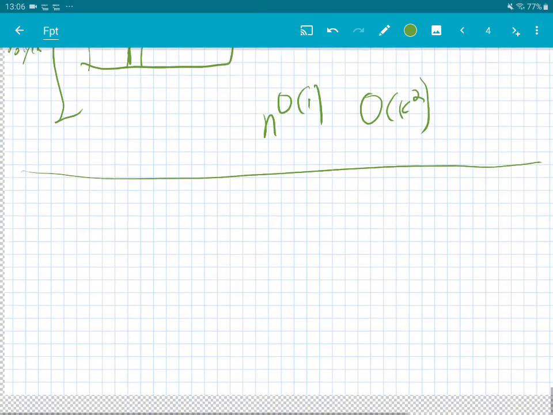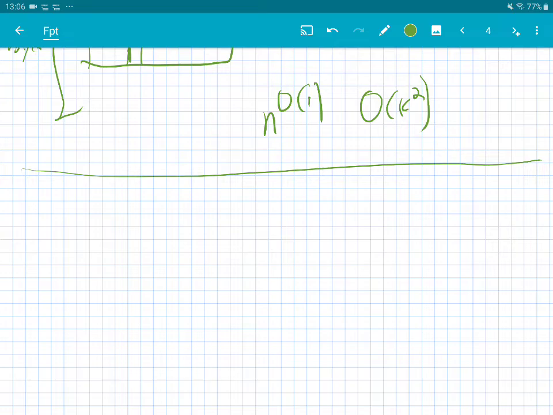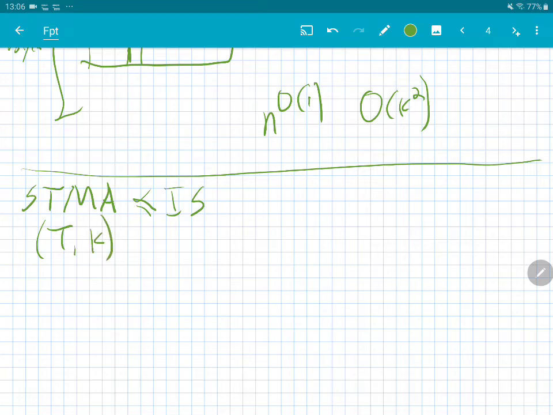Okay, so the final thing I wanted to say for today's lecture is the observation that this short Turing machine acceptance, with Turing machine and k, we showed that this reduces to independent set of size k squared.